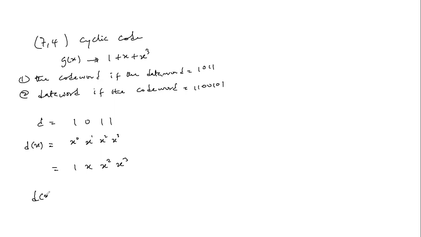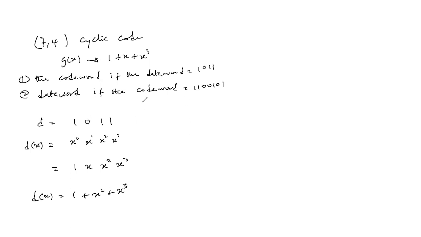Hence, d(x) will be 1 plus x squared plus x cubed, since the x to the power of 1 term is turned off, being 0.